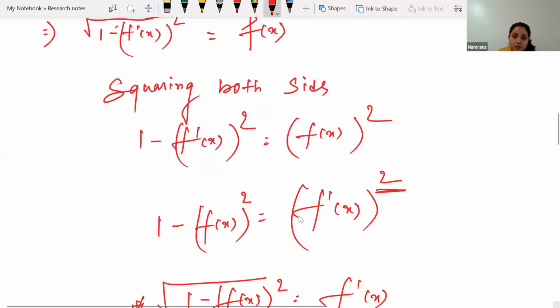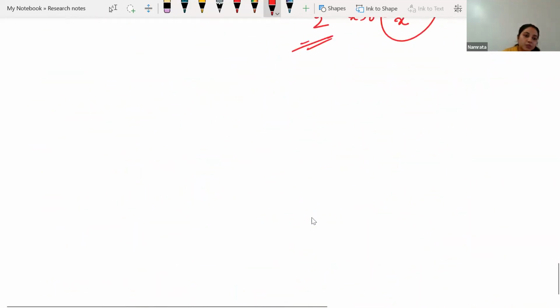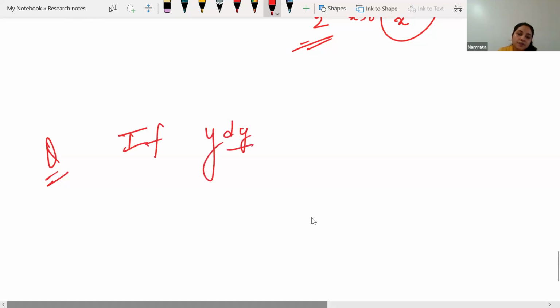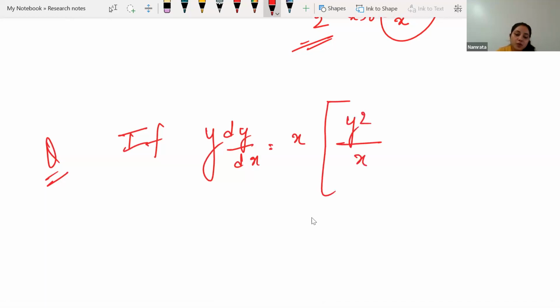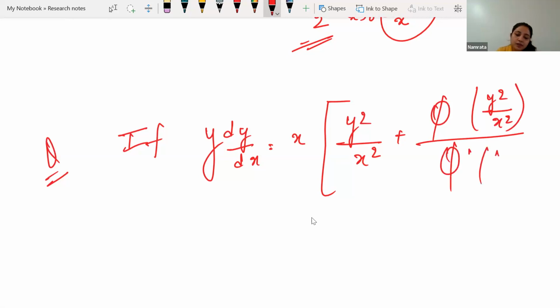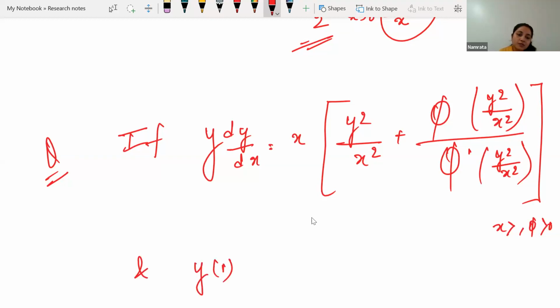Now the next question is: suppose we have y dy dx is equal to x y square by x square plus phi of y square by x square over phi dash y square over x square, x greater than 0, phi greater than 0, and y(1) is equal to -1, then phi of y square by 4 we have to find.